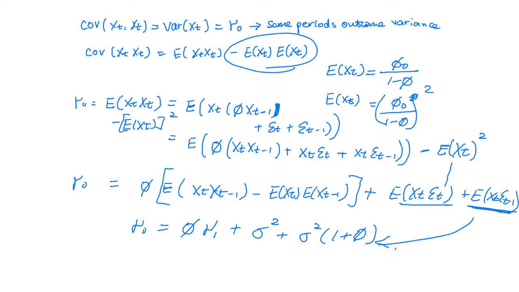let me go back again. First of all, gamma 0 is going to be E[Xt Xt] and this one.